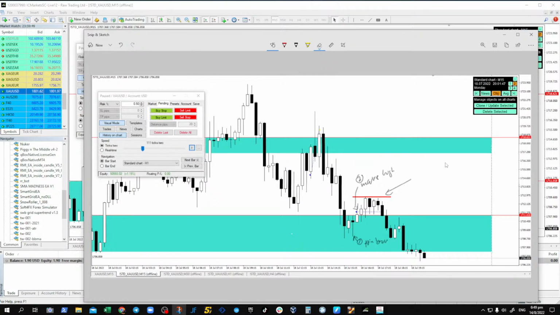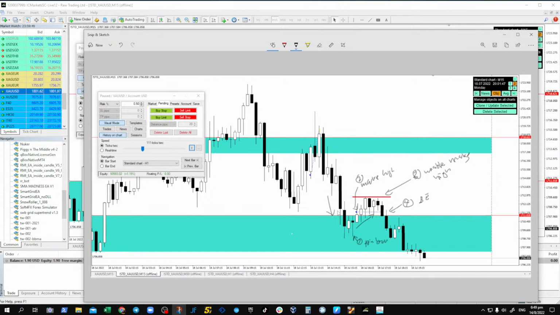Erase this. And number 3, unable to make a high. Then break even. So we have to be able to identify this move, because this is a corrective move, this is an impulsive move.